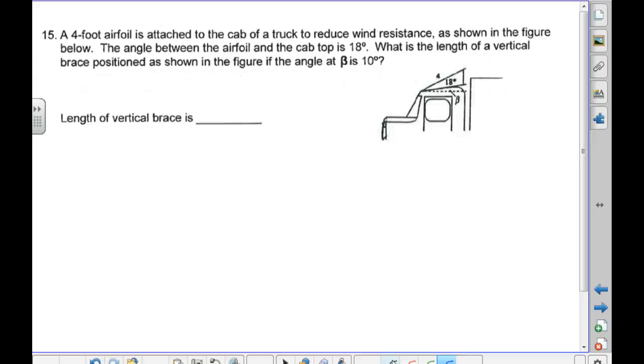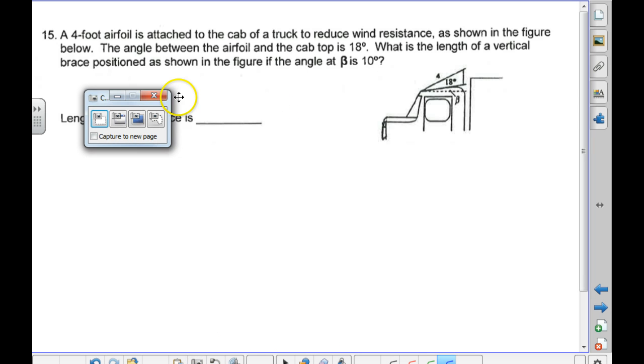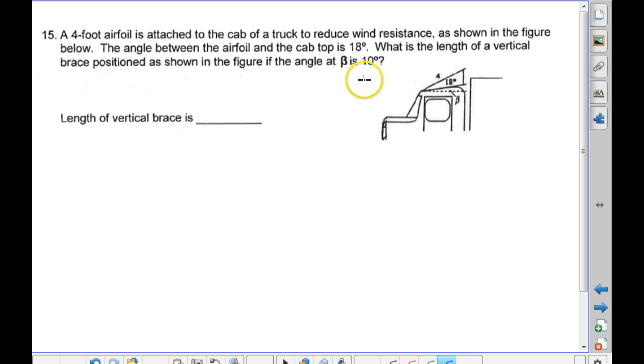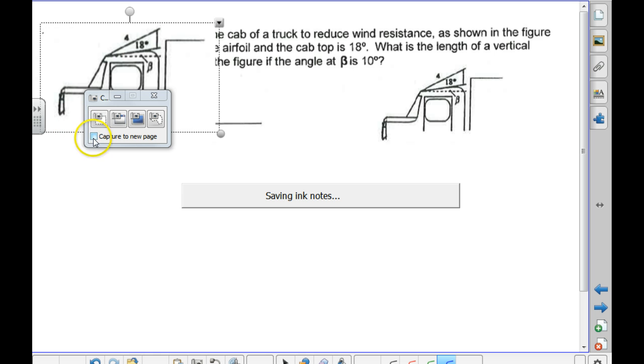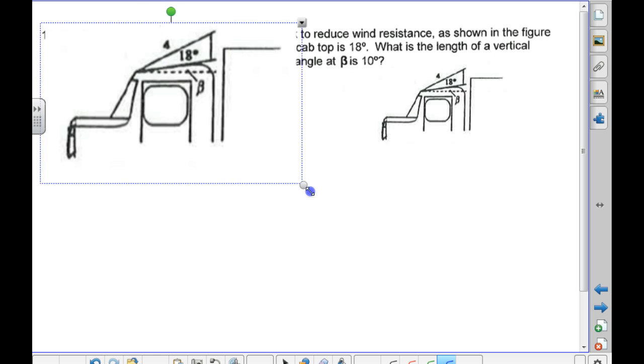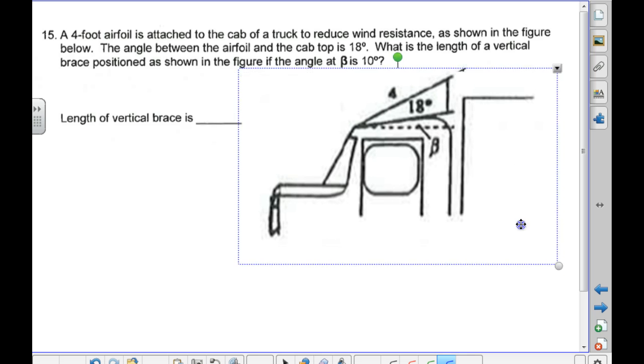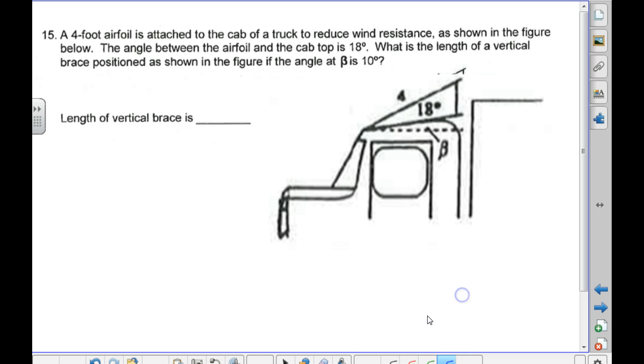This is a very tiny drawing that makes it very confusing. So let me see if I can make this bigger, and then we can go over this a little more clearly. Is that a beta? So it is a beta. We have an airfoil that helps with wind resistance here.